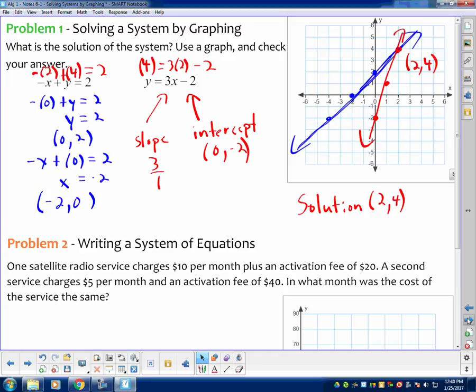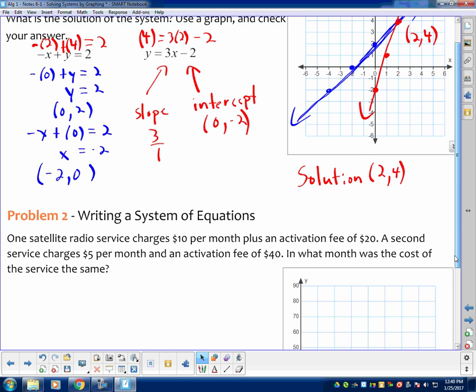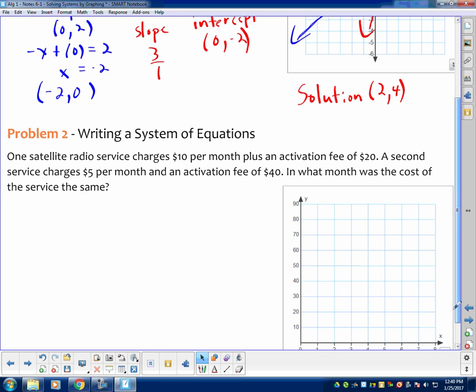Now, when it comes to systems of linear equations, they show up a lot in business applications. So we can compare like 2 different business plans, that type of thing. And this problem says one satellite radio service charges $10 per month, plus an activation fee of $20.